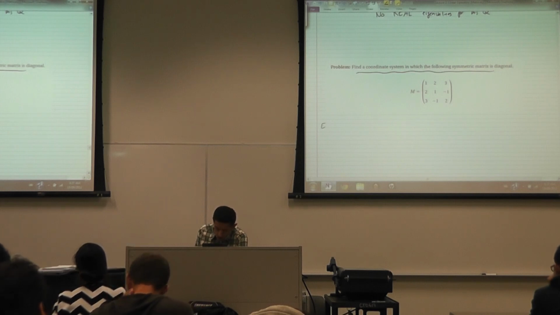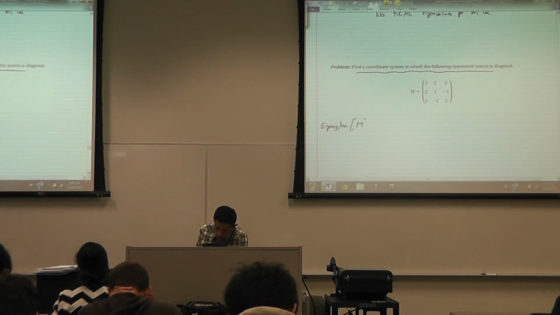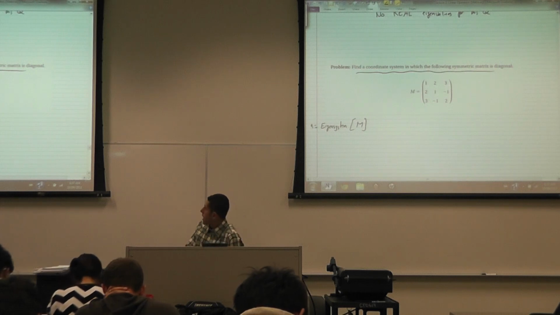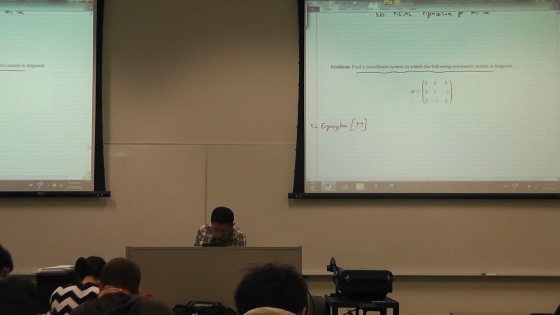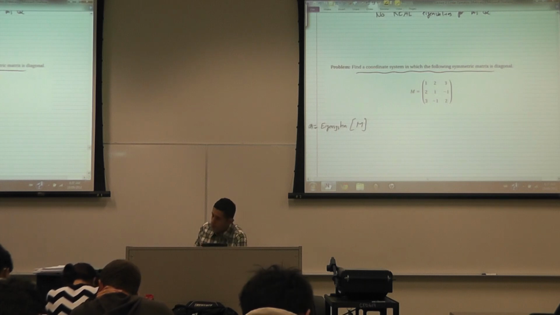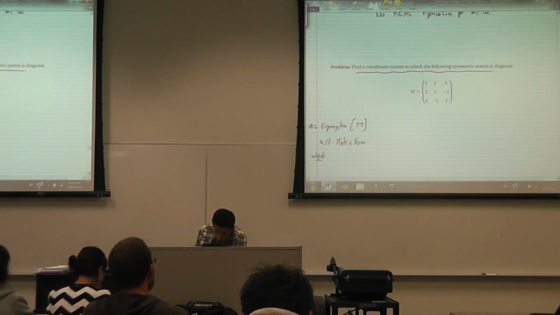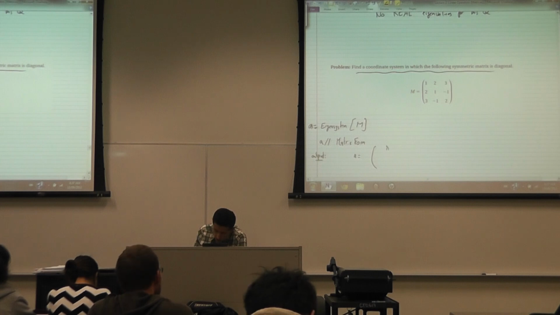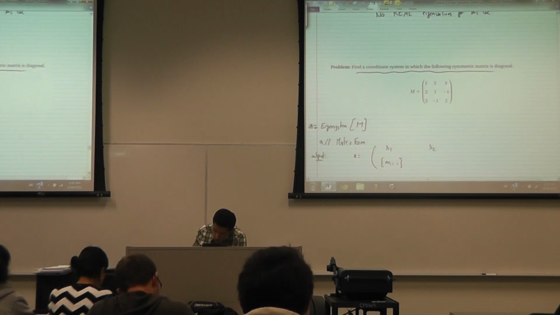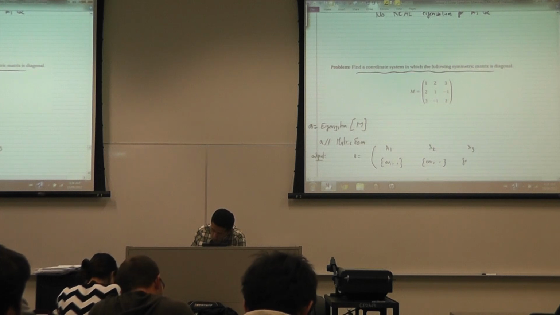Just solve it by hand, or just say eigensystem of M. Eigensystem of M, you will get stored in a variable A. When you look at A in matrix form, the output will look like this: lambda 1, eigenvector 1; lambda 2, eigenvector 2; lambda 3, eigenvector 3.